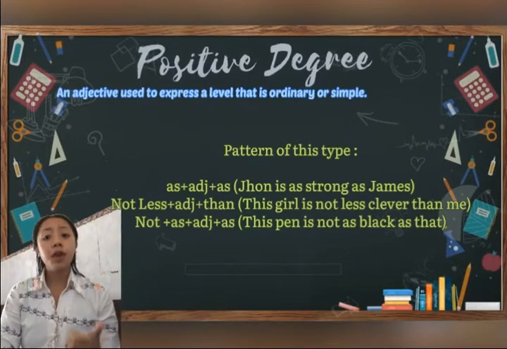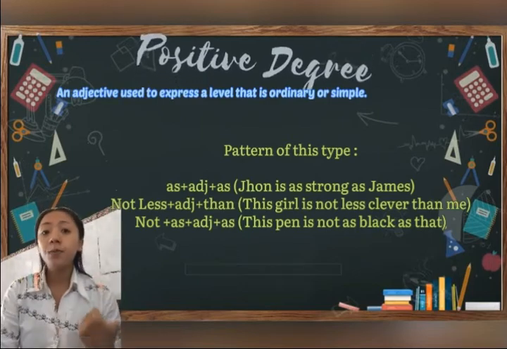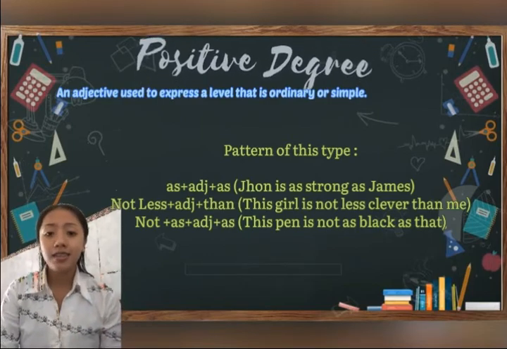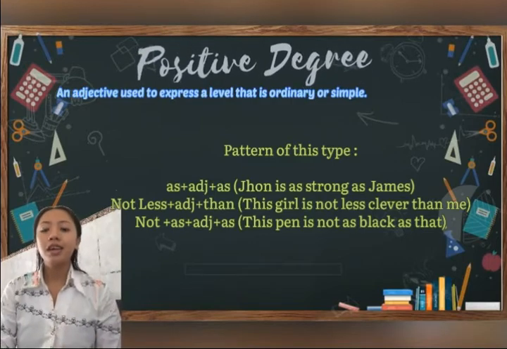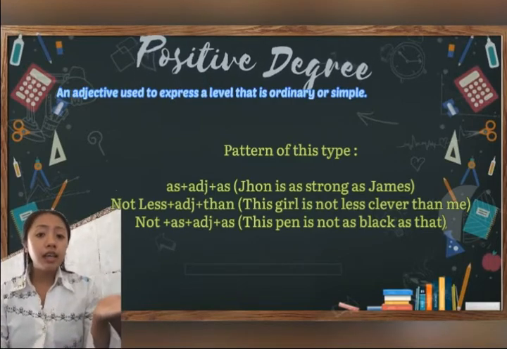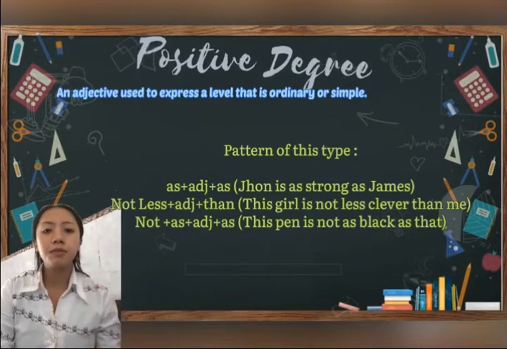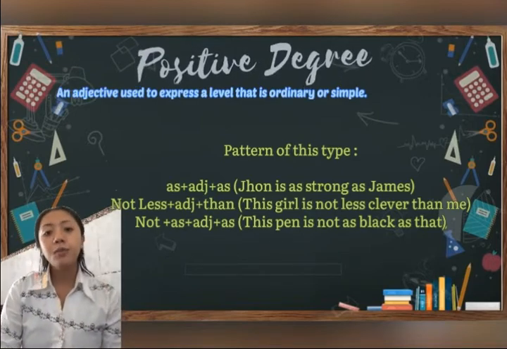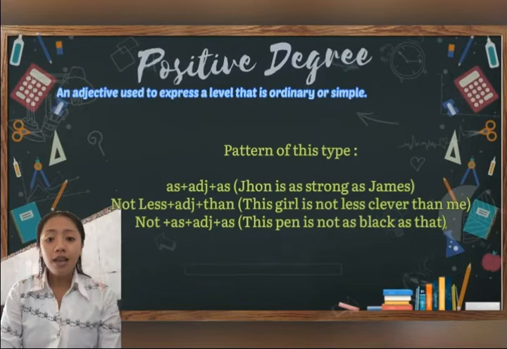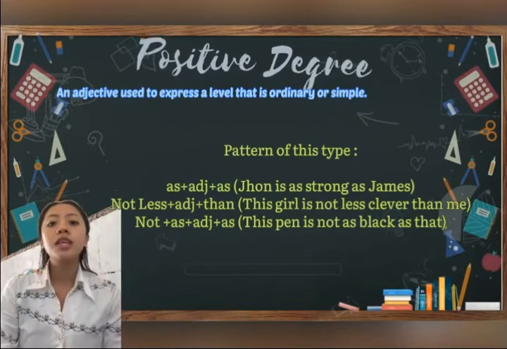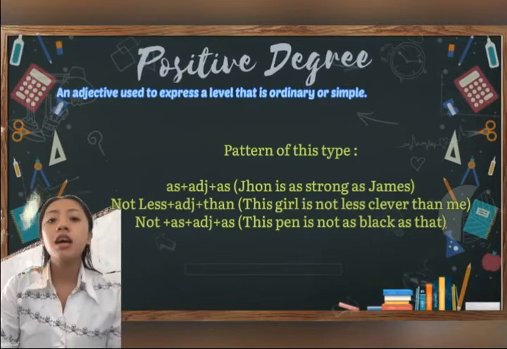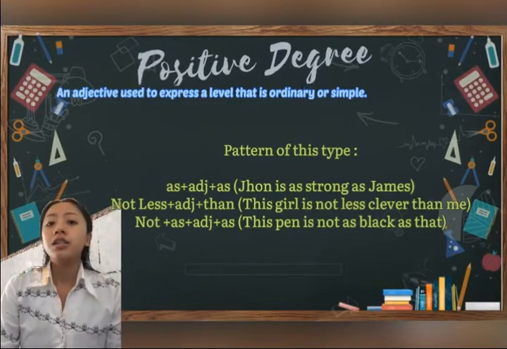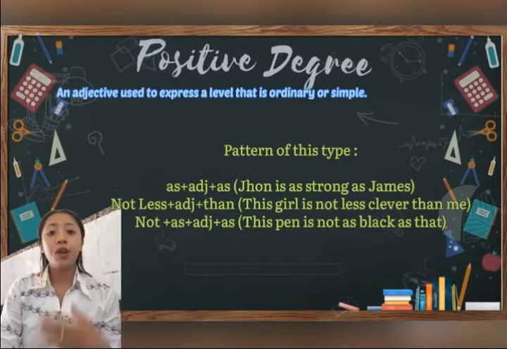The first pattern is S plus adjective plus S, and the example of this pattern is John is as strong as James. The second pattern is not less plus adjective plus than, and the example is this girl is not less clever than me.